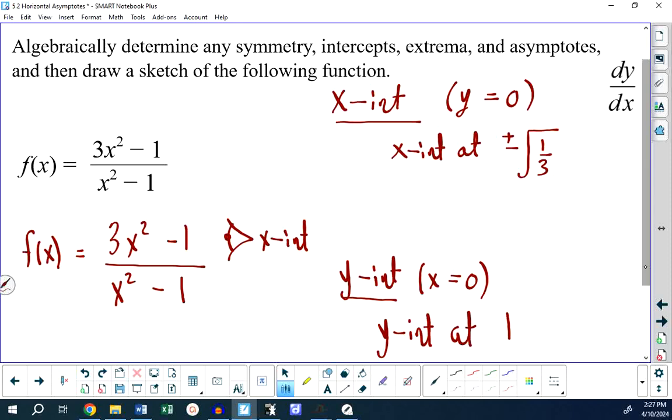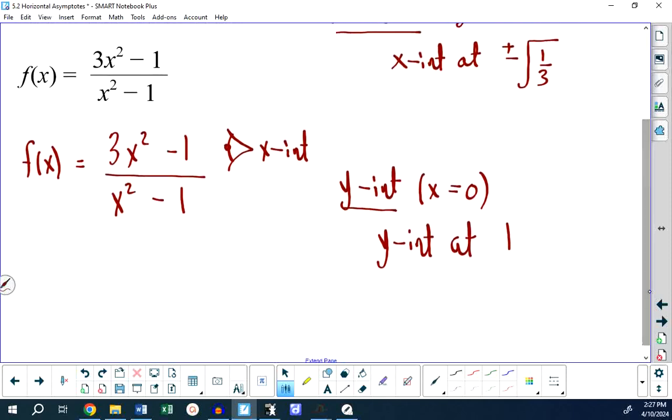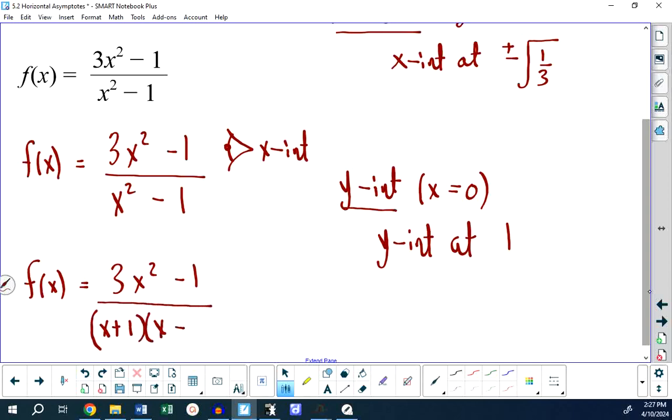What about vertical asymptotes? Well, that's going to require us to rewrite this function in factored form. Now, we've talked about this before. Is it possible for you to factor the numerator as a difference of squares? Yes. Root 3x plus 1, root 3x minus 1.